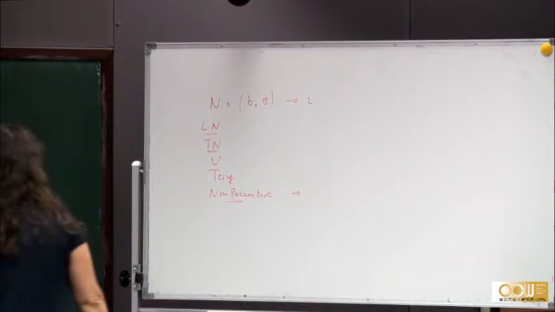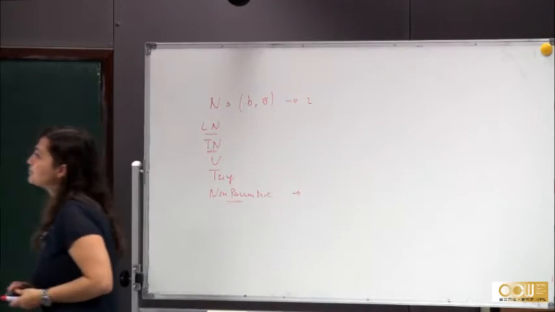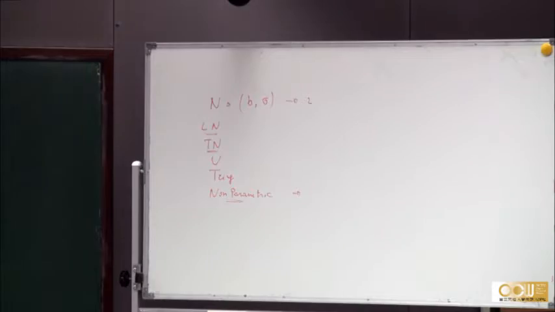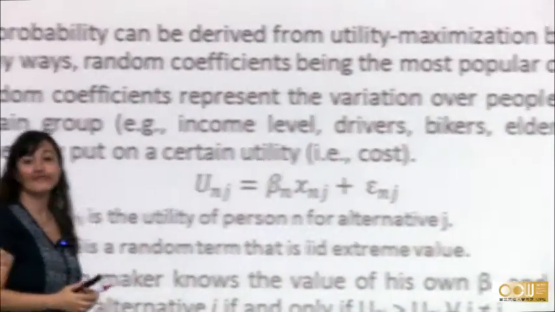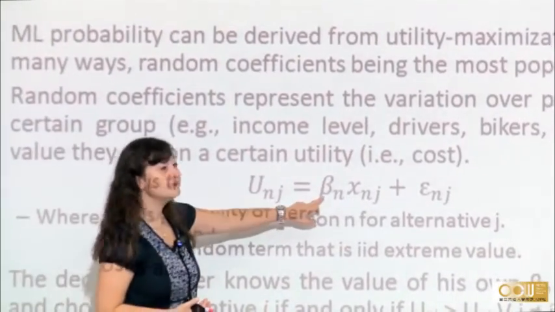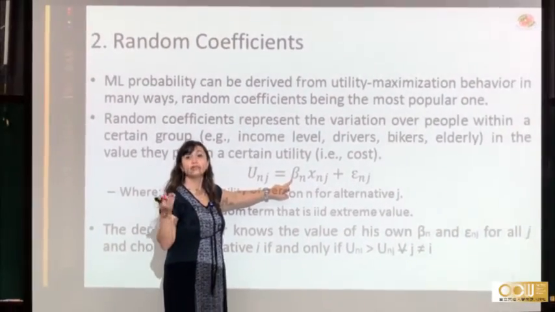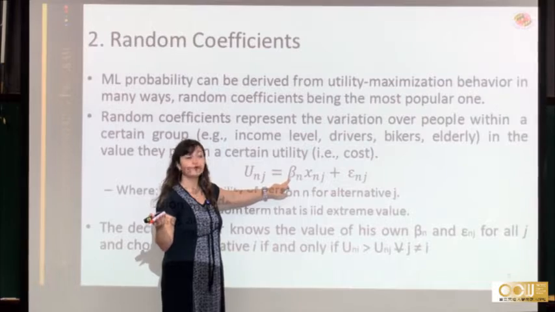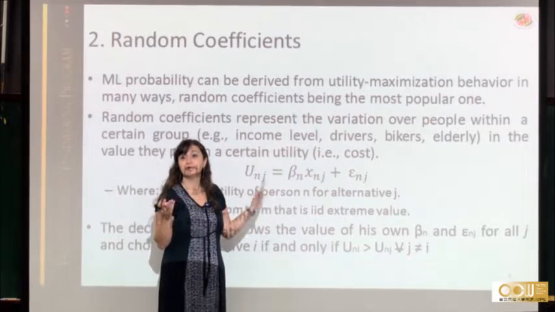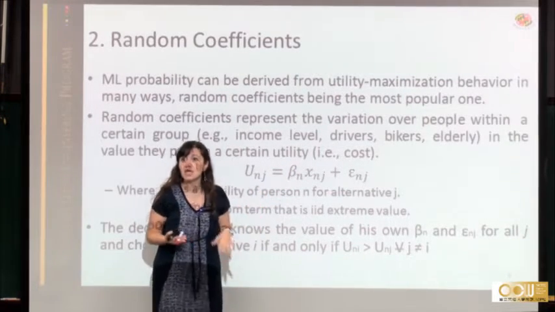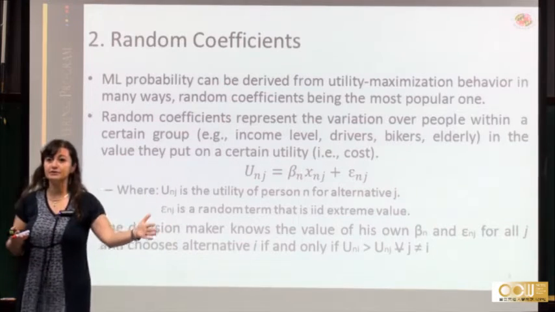But anyway, we are doing this, and so remember, the random coefficient is when you have a random variable for the betas. So beta is not a constant anymore. It's not one value, but it's a distribution for which you want to calculate the parameters of that distribution. So this is Mixed Logit with respect to logit.